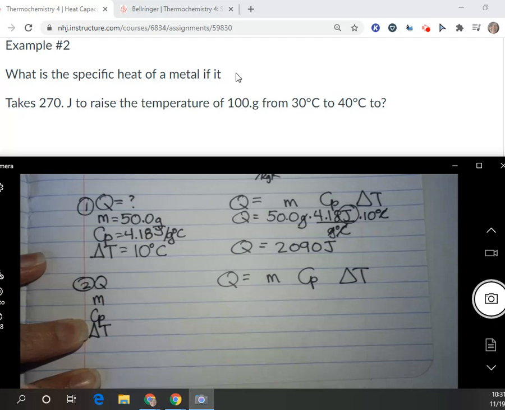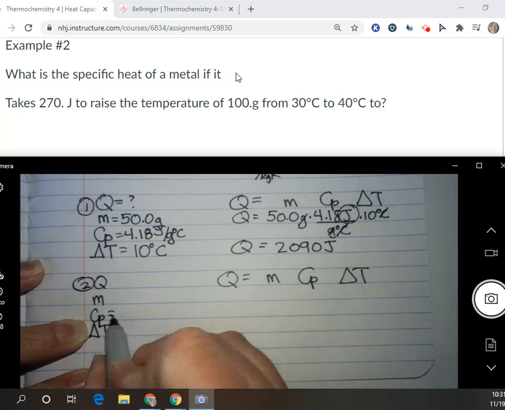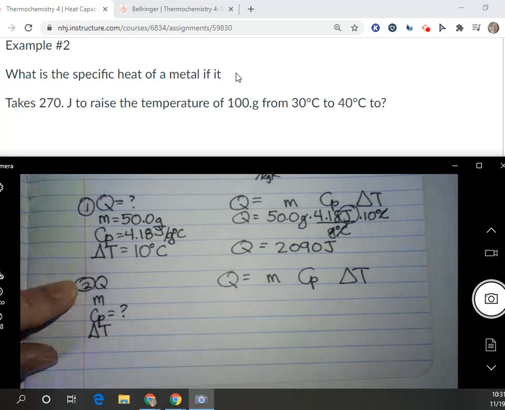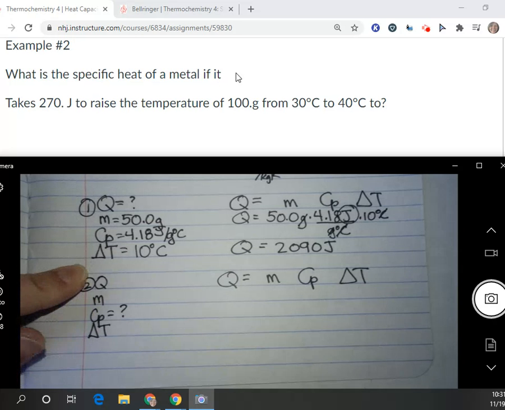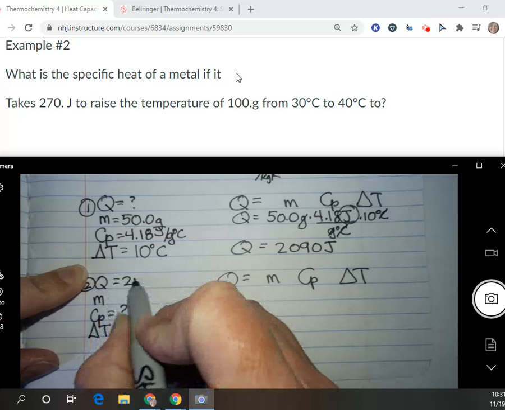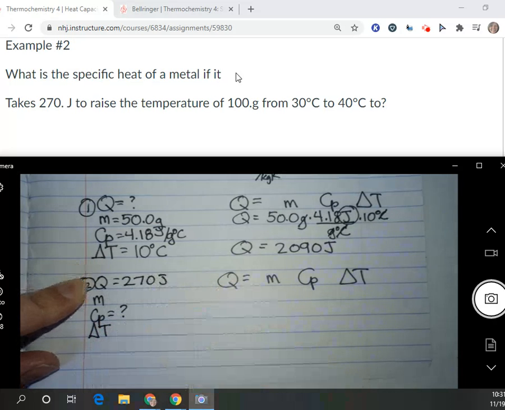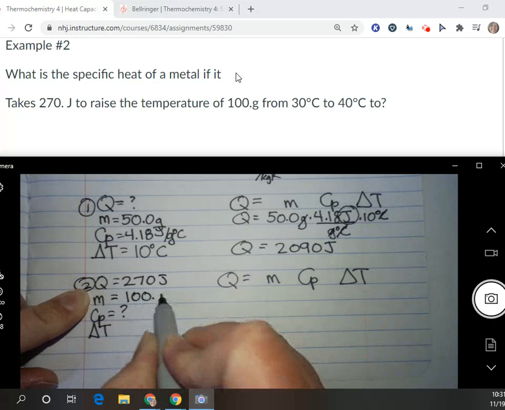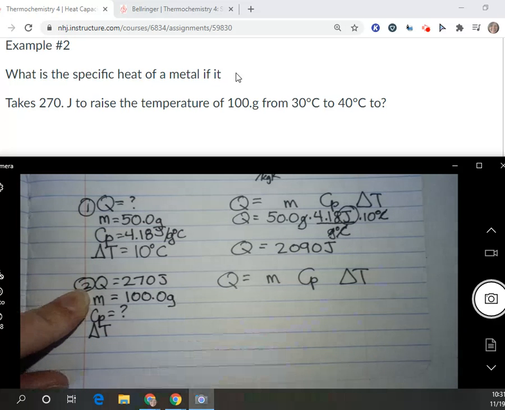So go back to my question. What is the specific heat of the metal? Specific heat is my unknown. That's what I don't know. If it takes 270 joules, well, which one of these is measured in joules? Q. To raise the temperature of 100 grams, well, we know grams is mass. So right now we're just kind of looking for our variables.